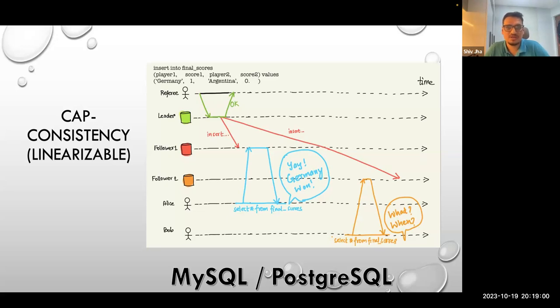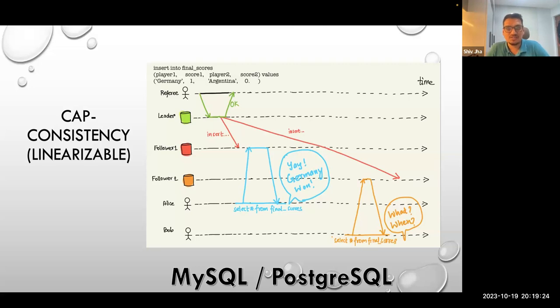This information gets to the leader server. The leader server prepares the transactions and thinks that it can go ahead. It sends the transaction to follower 1 and follower 2. Elias, when he checks the score, he sees that Germany has won.